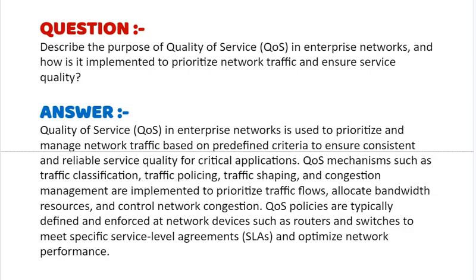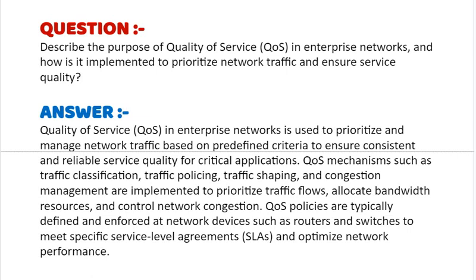Our interview question based on Enterprise Advanced Routing and Services is: describe the purpose of Quality of Service QoS in enterprise networks, and how is it implemented to prioritize network traffic and ensure service quality.